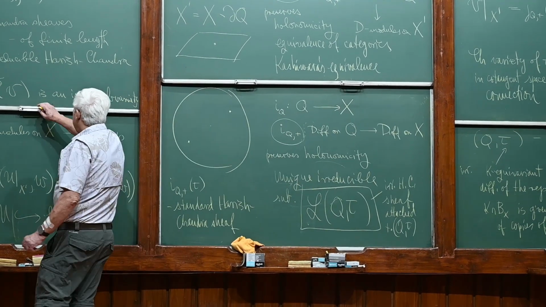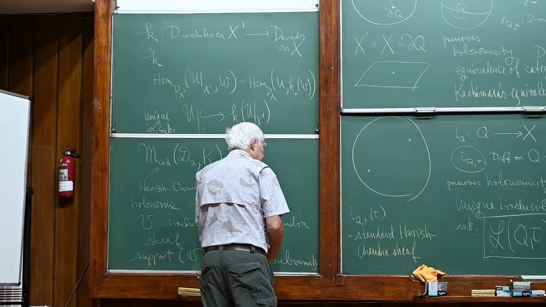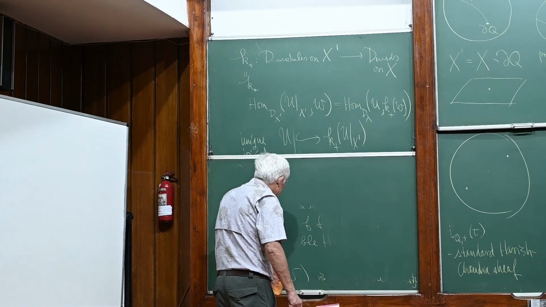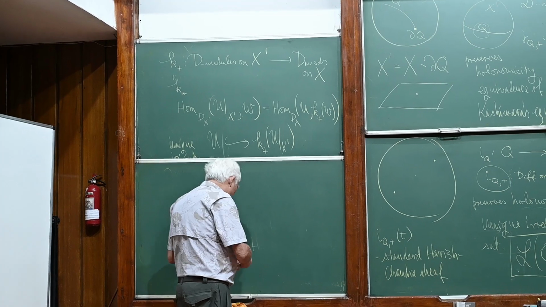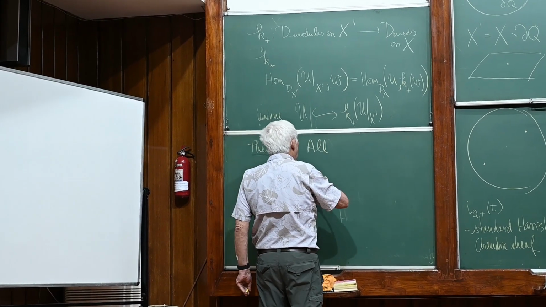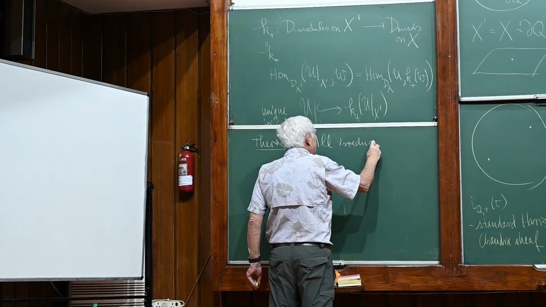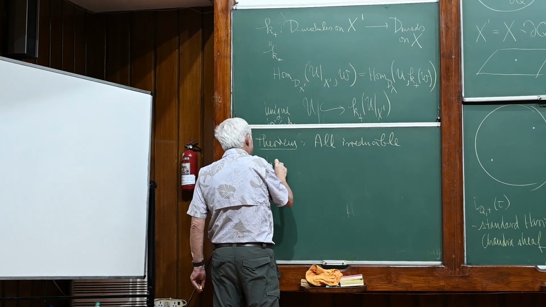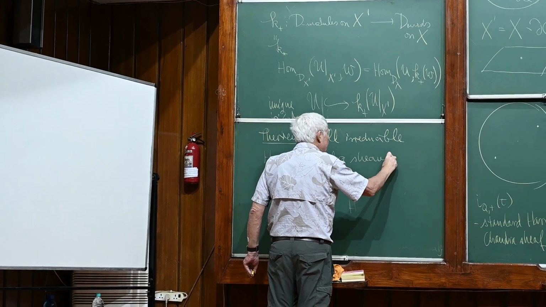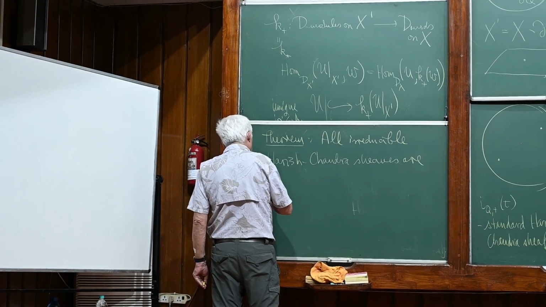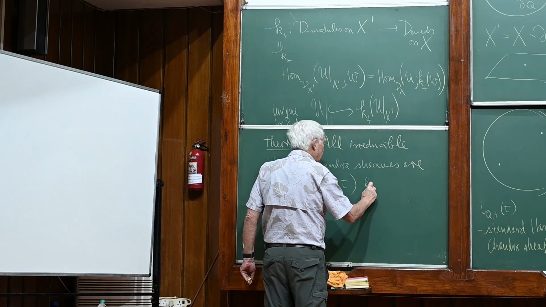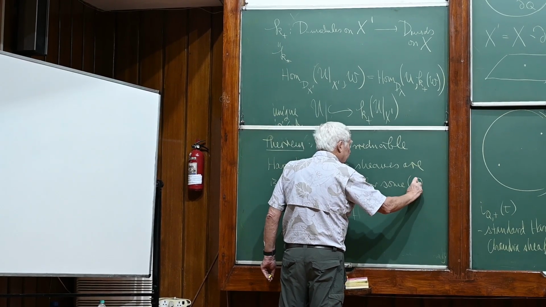And the theorem is, and essentially, if you think about this, you will see that this is what we proved in this discussion, modulo some dots on i's, that all irreducible Harshchandra sheaves are isomorphic to LQ tau for some Q, tau.